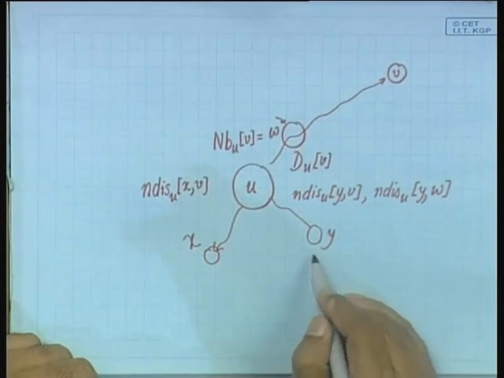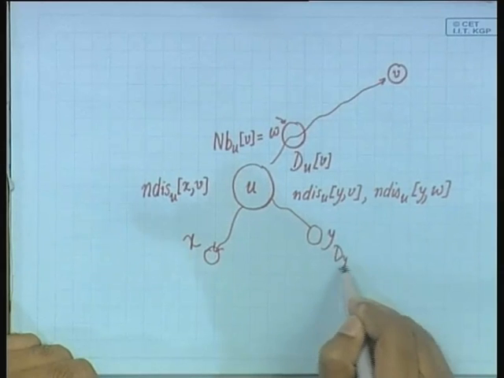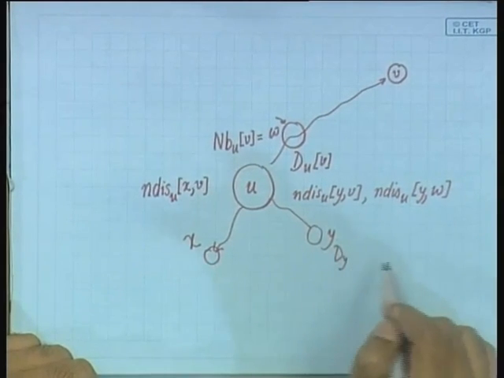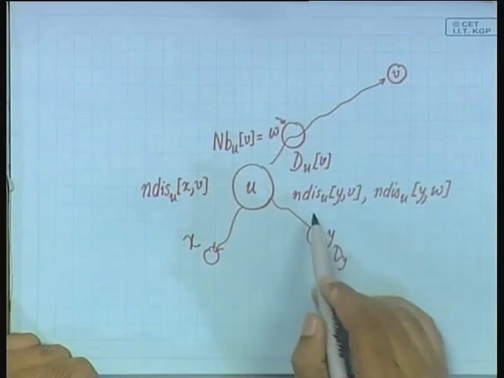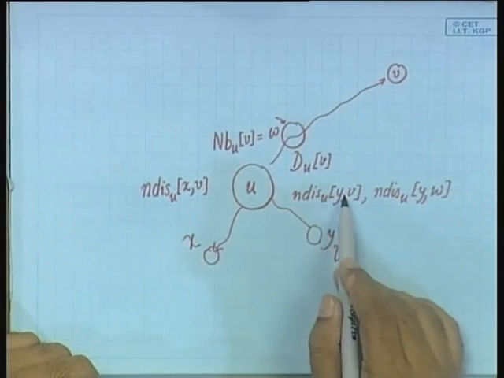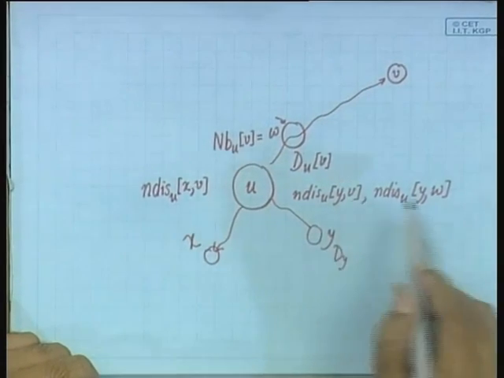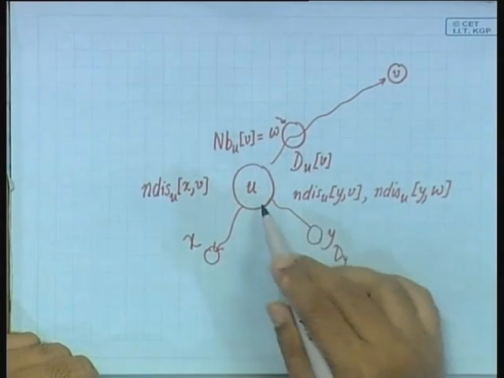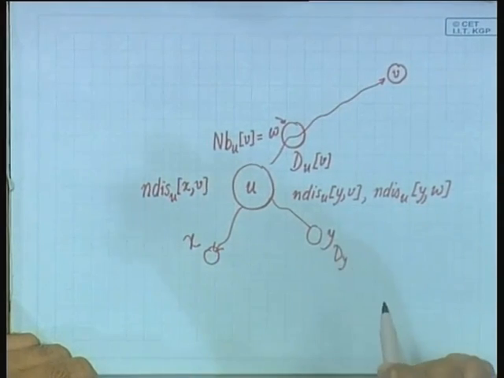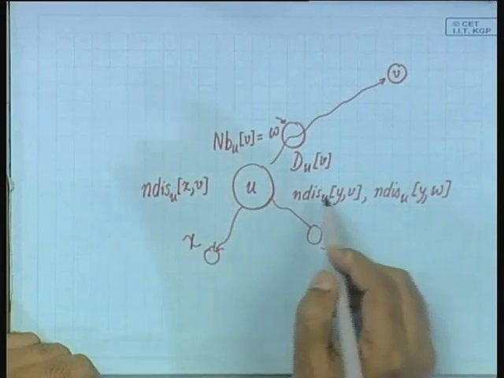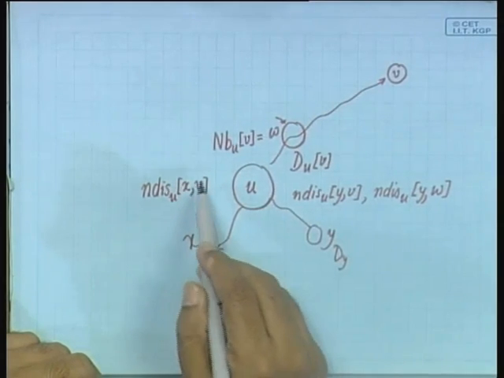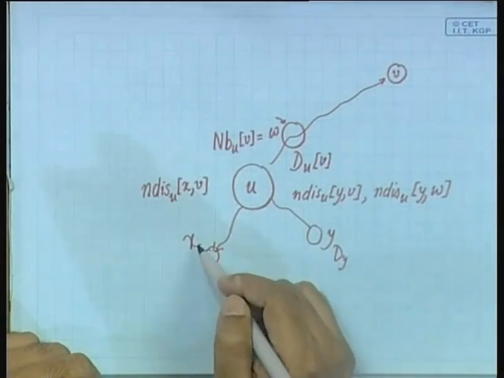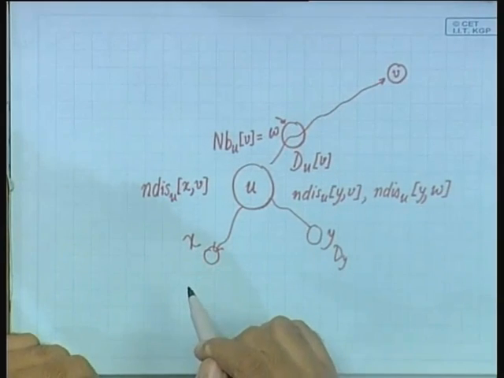Dy is the table maintained by y, indicating y's estimate of y's distance to other vertices. Ndis u y v, ndis u y w, etc. is actually u's estimate of this table, and then ndis u x v, ndis u x w is u's estimate of x's routing table.